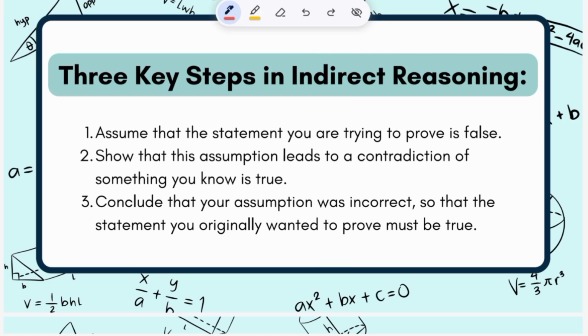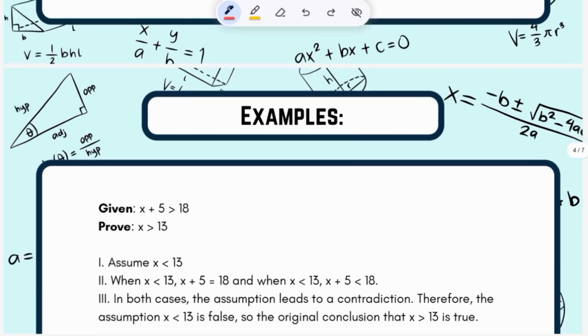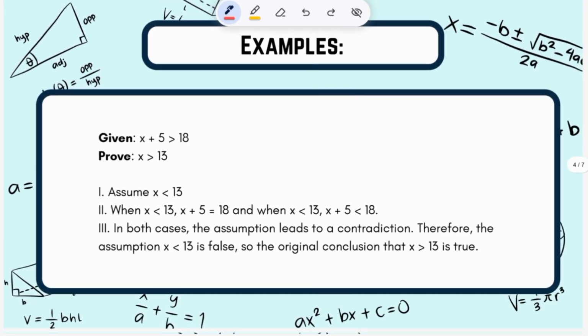Number three, conclude that your assumption was incorrect, so the statement you originally wanted to prove must be true. So in this case, we already proved that the assumption is incorrect or false, so the original is going to be right or true.